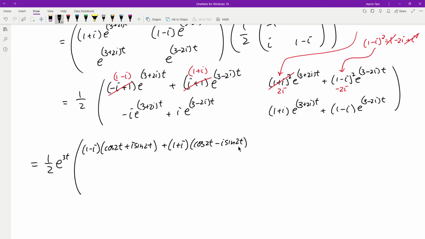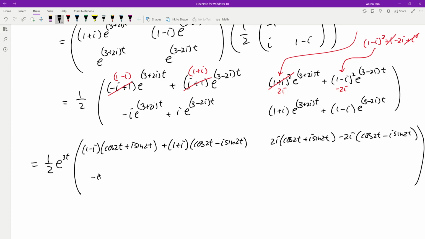Remember, it's minus because of the minus 2i. And this one will be 2i, cosine 2t plus i sine 2t, minus 2i times cosine 2t minus i sine 2t. Oh, there you go. Barely fit in. Let's just hope the bottom won't be as long.